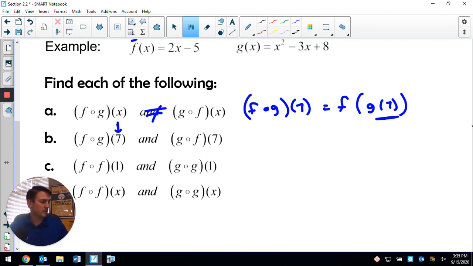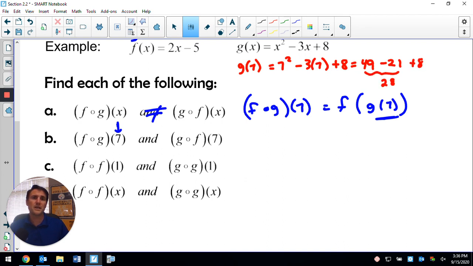So we need to calculate g of 7. That would be 7 squared minus 3 times 7 plus 8, right? 7 squared is 49. 3 times 7 is 21. 49 minus 21 is 28. 28 plus 8 is 36.